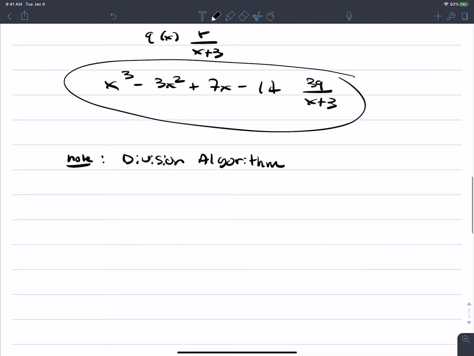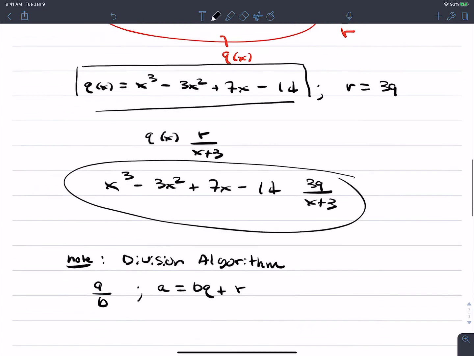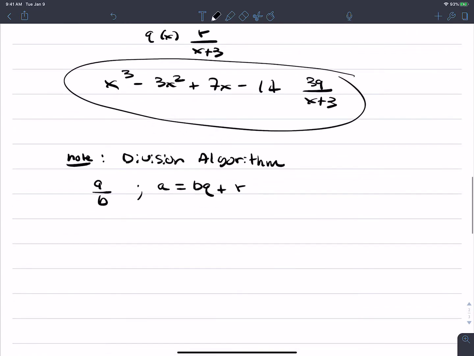So to start a transition, let's remember that if you're ever going to divide by two terms, that numerator term can be written as b times that quotient plus your remainder, where your remainder can be 0 or it could be not 0. So in this case, if we start to use that division algorithm, we can describe this whole relationship.